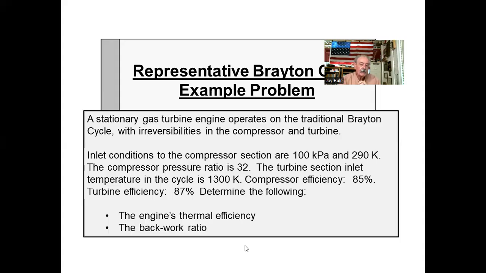The chances are mighty good that you're going to have a problem like this, certainly in homework and maybe in a quiz or a test. So I want to encourage you to understand how to analyze this engineering situation, process after process after process, instead of seeking formulas in the textbook.